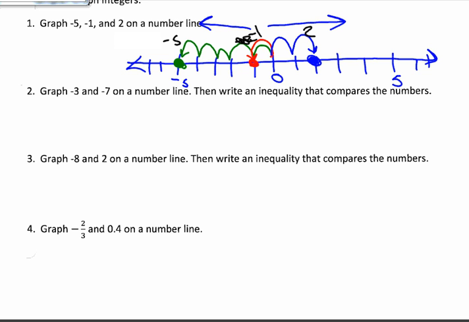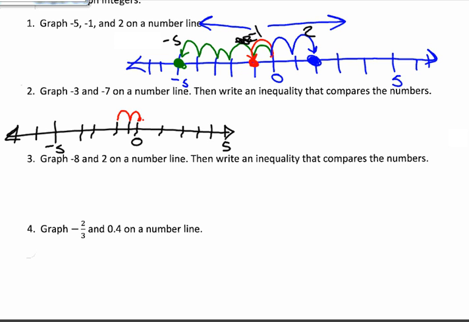Okay, let's look at number 2. It is slightly different. We're going to start again by graphing. This time it wants us to graph negative 3 and negative 7. That's a horrible scale, but we'll go with it. So negative 3. Again, I want to start at 0 and count over.